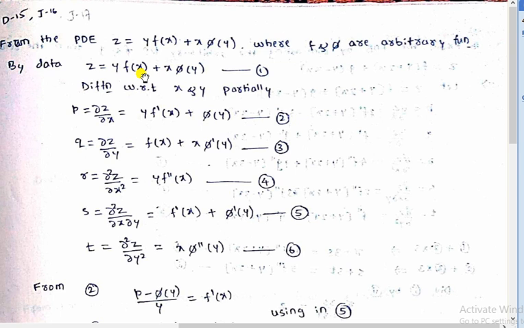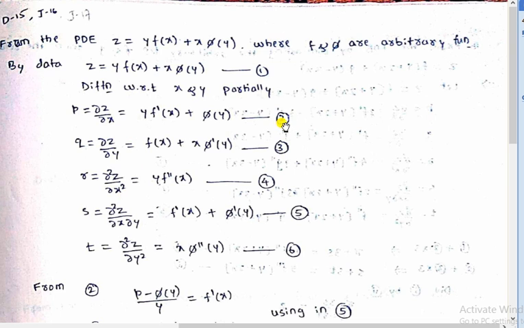Now differentiate 1 with respect to y. Dou z by dou y is q. So the differentiation of y is 1, so f of x, plus x is constant here, and the differentiation of phi of y becomes phi dash of y. So equation number 3.